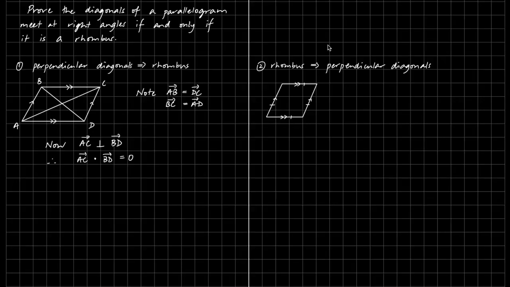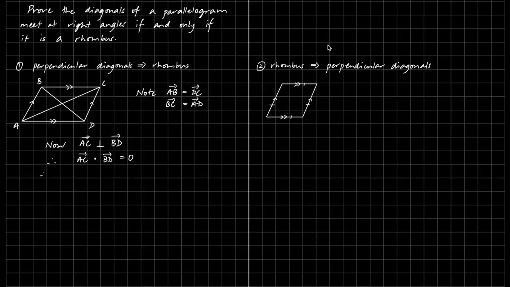Alright, so let's come up with some vectors, because remember we're trying to show it's a rhombus, which means it's a parallelogram with adjacent sides equal. So in other words, if we could show that the length of AB and the length of BC are equal, then this must be a rhombus.